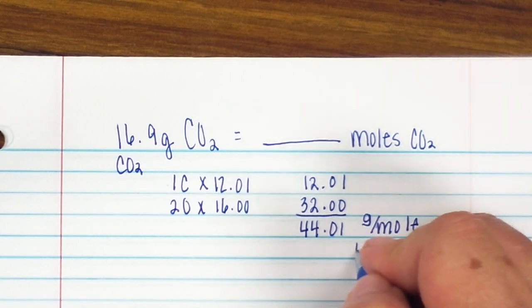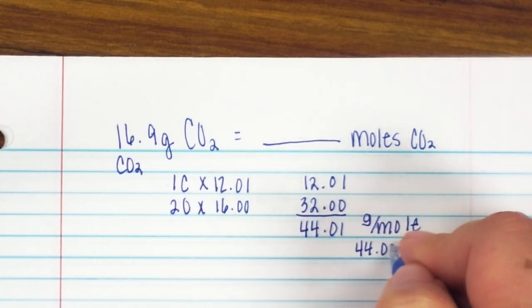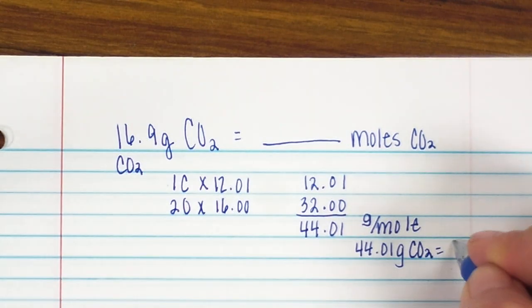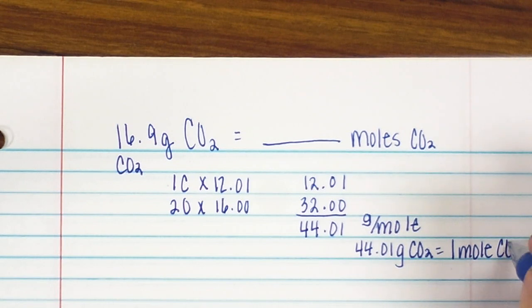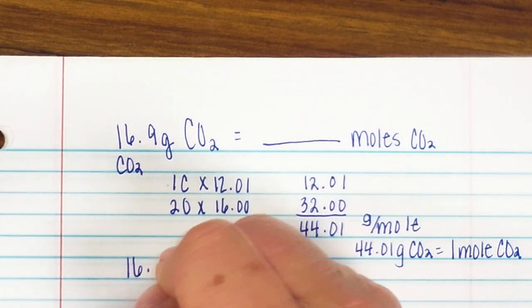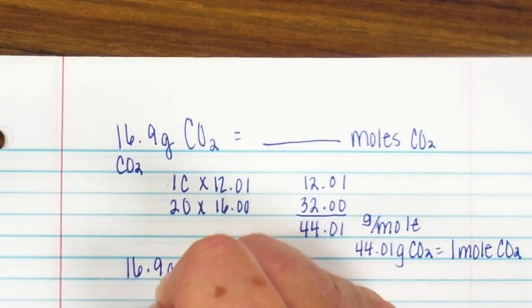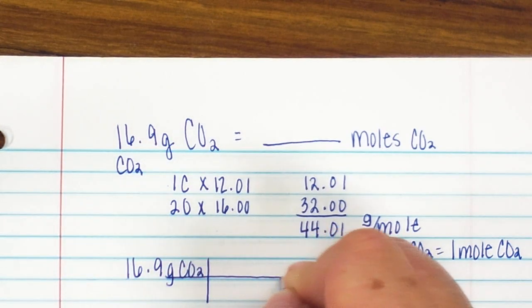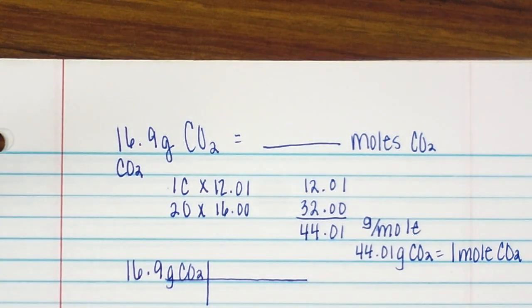So again, 44.01 grams of CO2 is equal to 1 mole of CO2. If I put 1 mole of CO2 on the scale, I get 44.0 grams. So 16.9 grams of CO2, that's what I'm going to start with. What unit goes down?